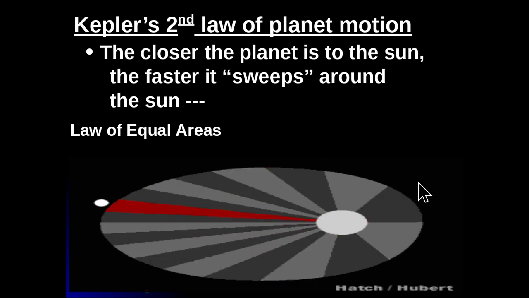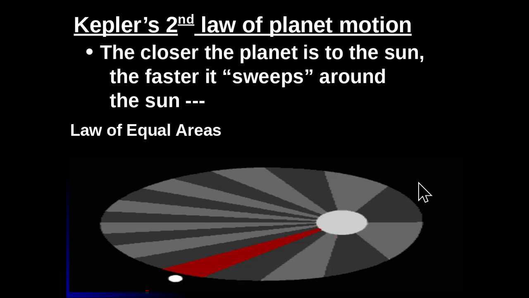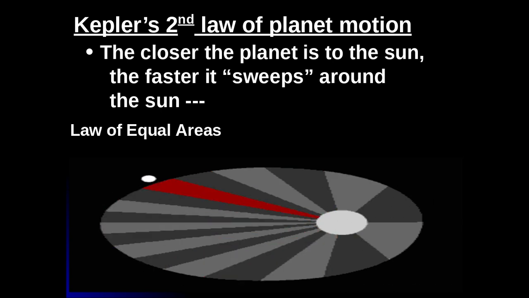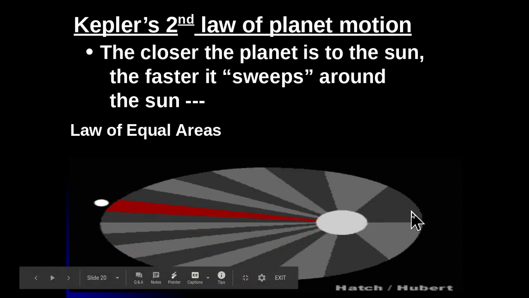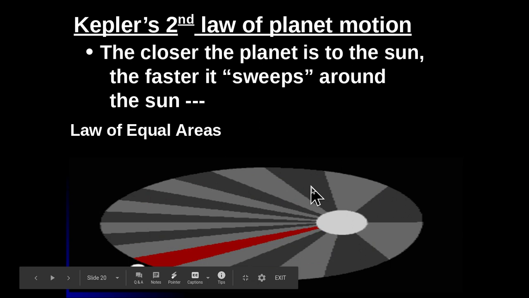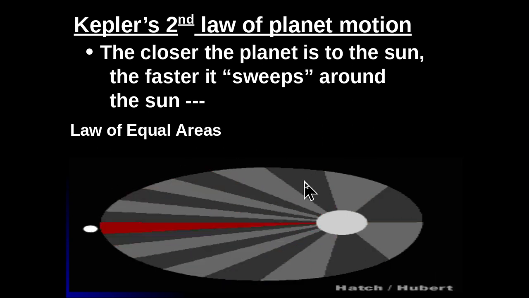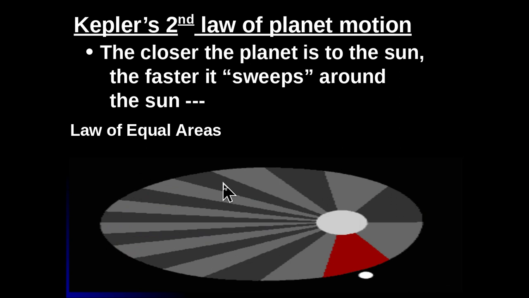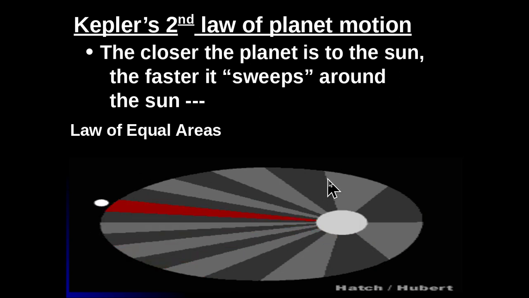Now, the way this second law of equal areas works is, let's say we know that each one of these shaded areas of the orbit field are the exact same area. So this area is equal to this area, that area is equal to this area, and so forth.